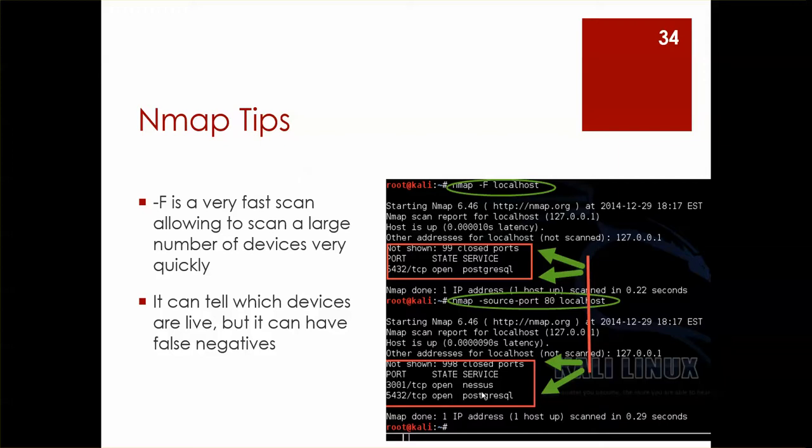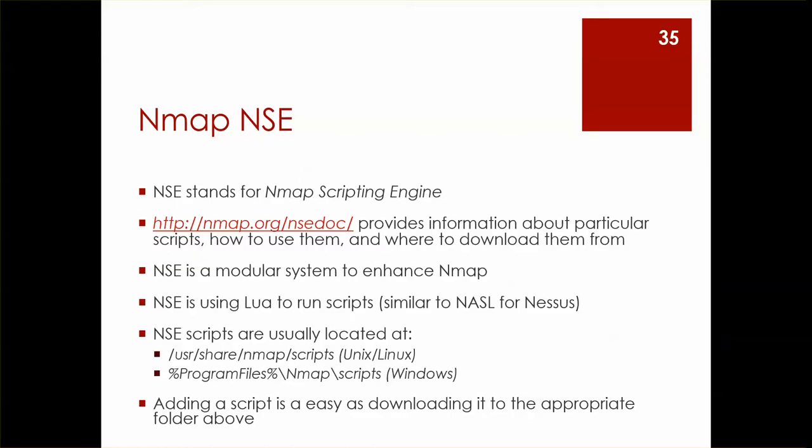So different Nmap options can provide different results, and the options are unlimited in how we combine them. Now, the Nmap script engine. With the script engine, we're enhancing the capability of Nmap. The script engine leverages text files, and these text files are instructions giving Nmap additional functionality.